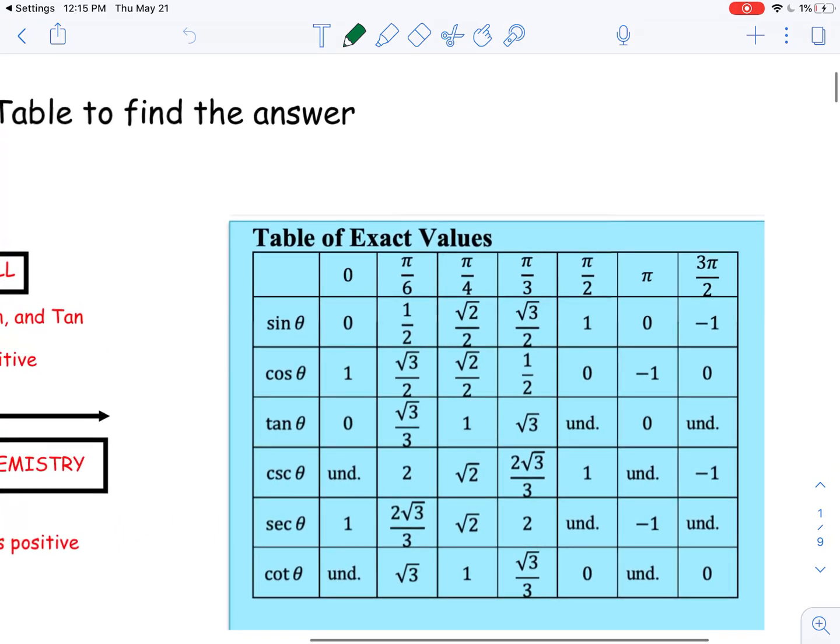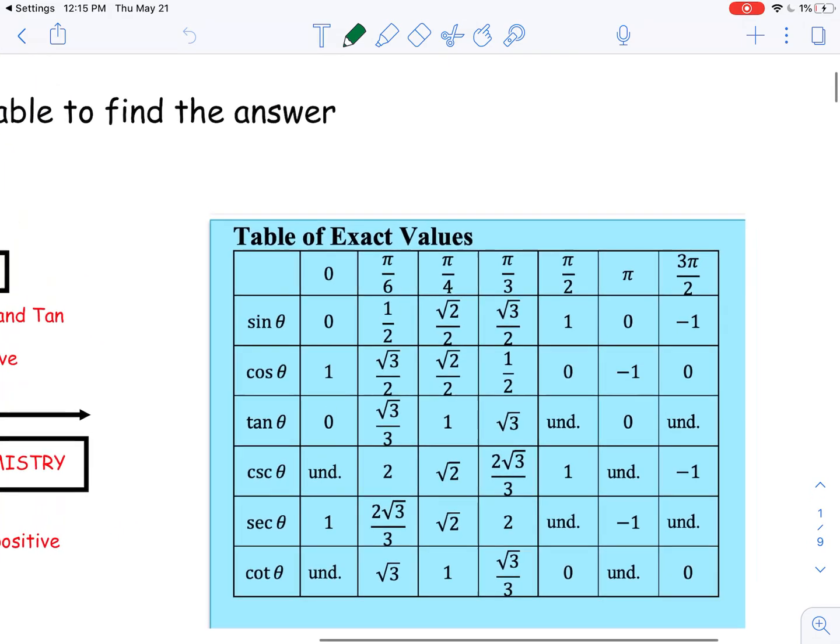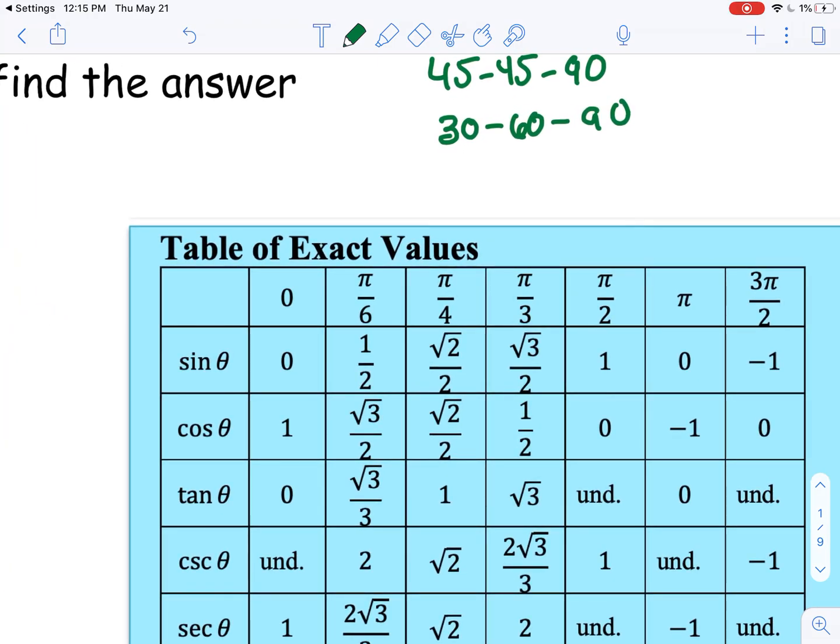triangles. So all of these values on this exact value table are derived from 45, 45, 90 triangles and 30, 60, 90 triangles. So we use these values for reference angles: 45 degrees, 60 degrees, 30 degrees. So when I look at these, the angles are in radians here.